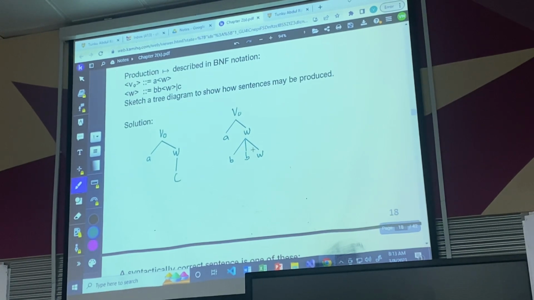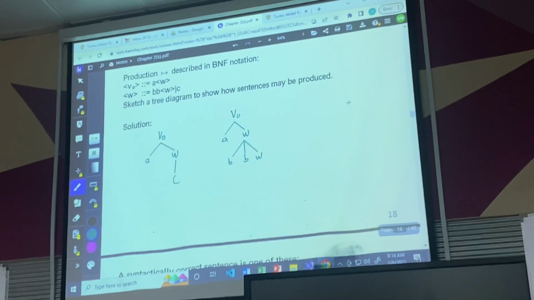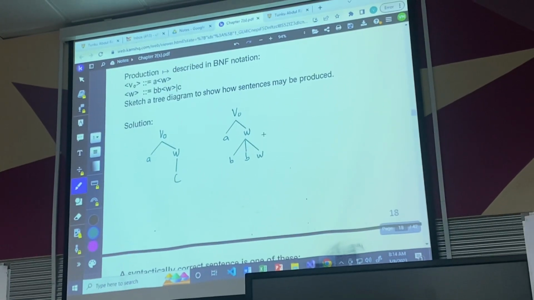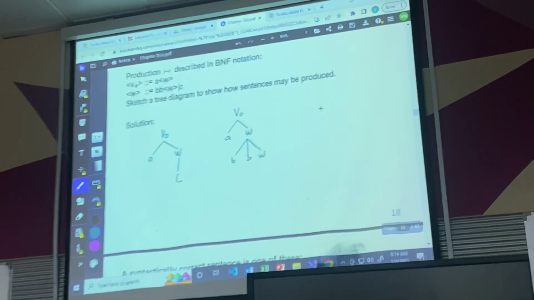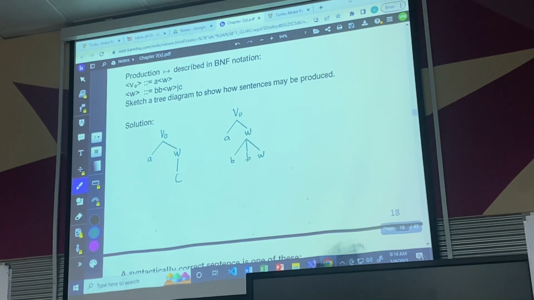So if I continue with BBW again, it will be no ending, and it will keep on repeating the same thing until you substitute the W with C. So let's say we continue again.